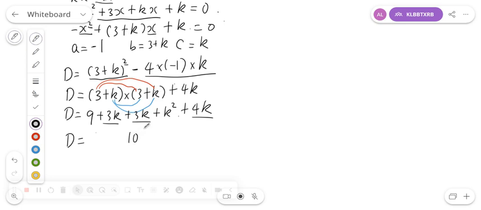So we put 10k in the middle. Because now we start with number 9, ending with k squared, that is not really the way I'm familiar with the quadratics. So that is why we swap the position, make k squared in the front, plus 10k plus 9. Alright, so now we have the discriminant staying this way.